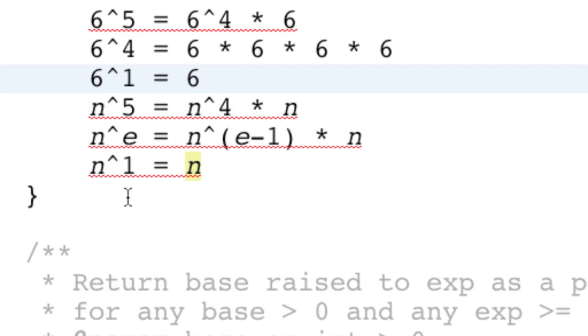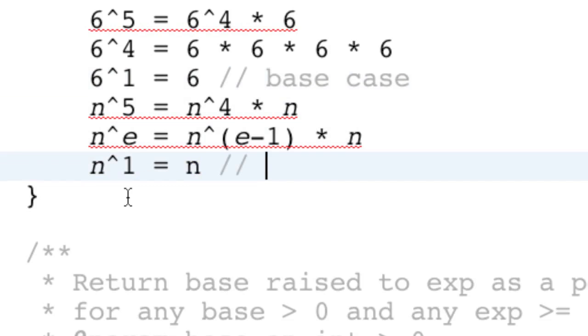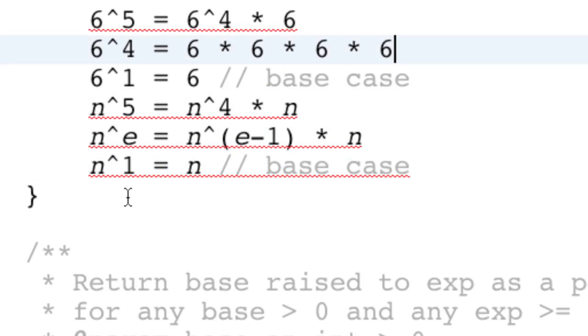These situations where we know what the outcome is going to be based on the value of one of the parameters are called base cases. So a base case is a recursive scenario that requires no recursion to get the solution. And you'll see what that looks like in a second.